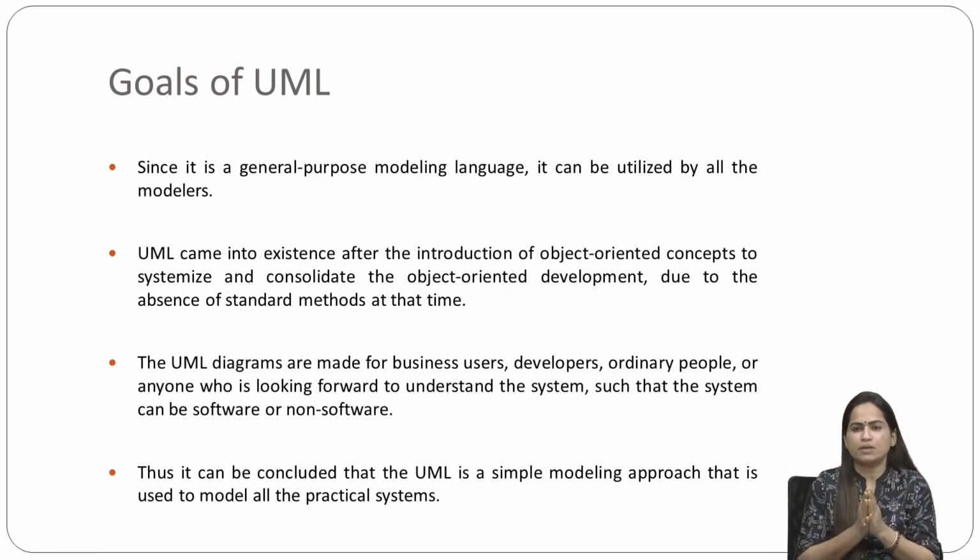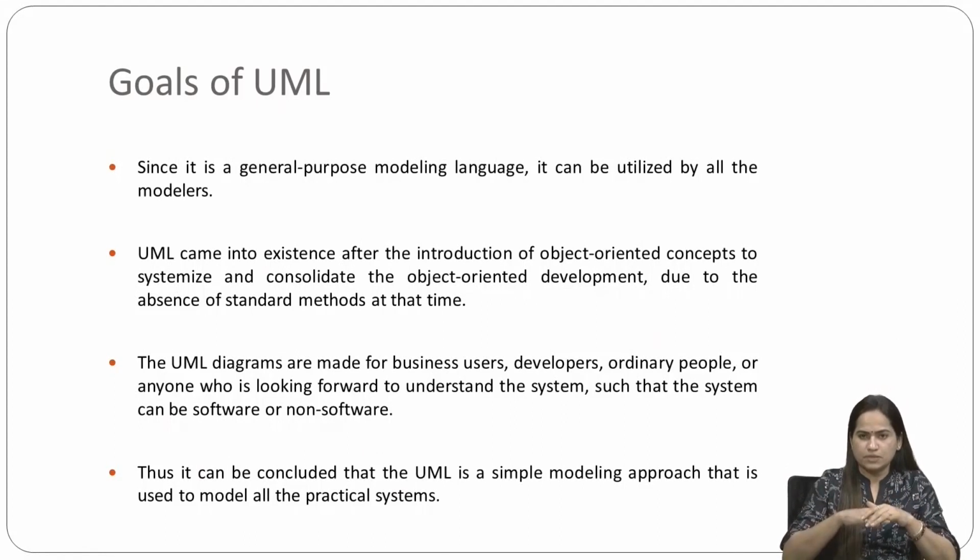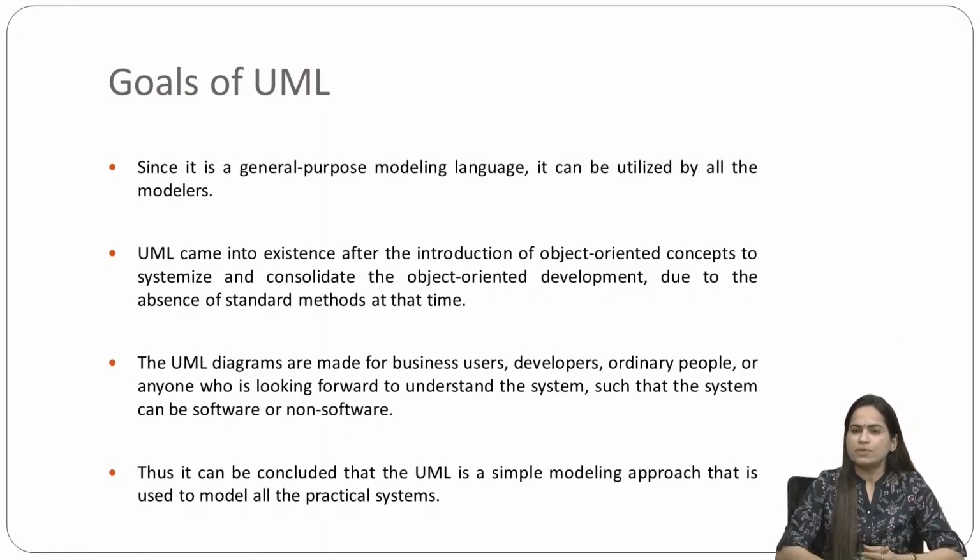It is a generalized thing you can use for your specific system. UML came into existence after the introduction of object oriented concepts to systemize and consolidate the object oriented development. It came into existence after the introduction of OO concepts, object oriented concepts.